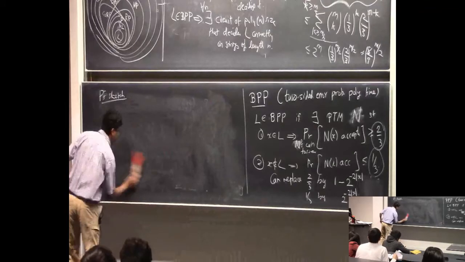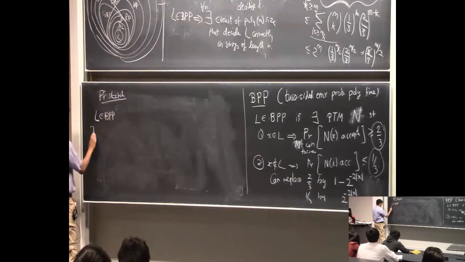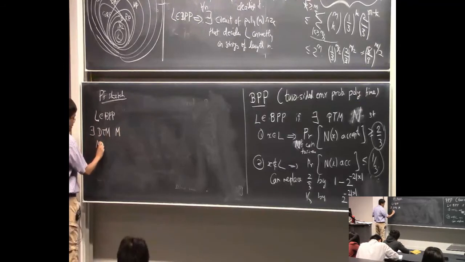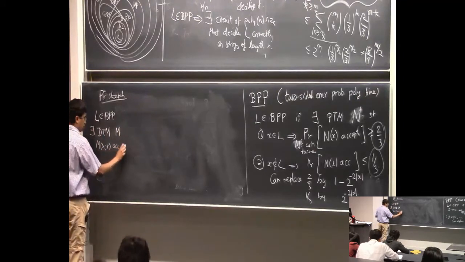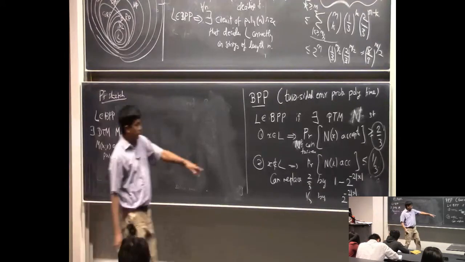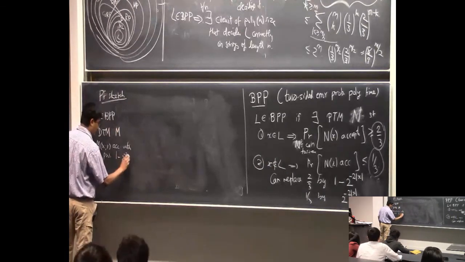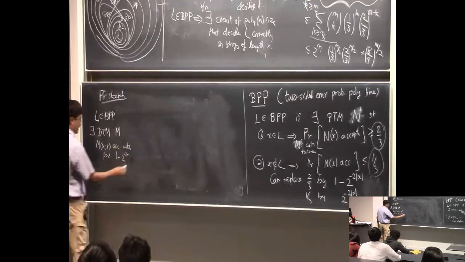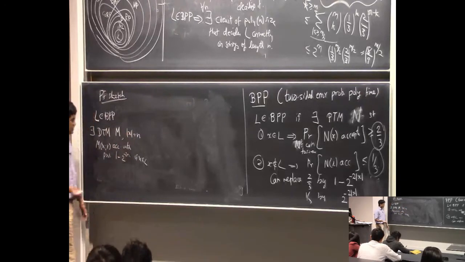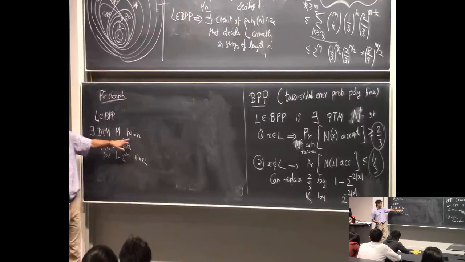Okay, the proof sketch is as follows. So you have some L in BPP, which means there exists a deterministic Turing machine, let me call it M, with that property. So M(x, r) accepts with probability at least 1 minus 2 to the minus 2n if x is in L. Let x be an input of length n.